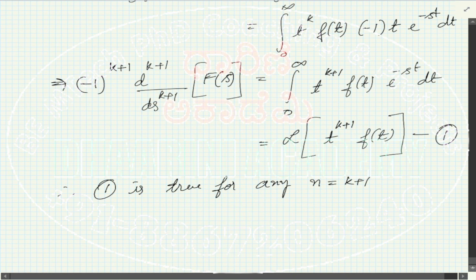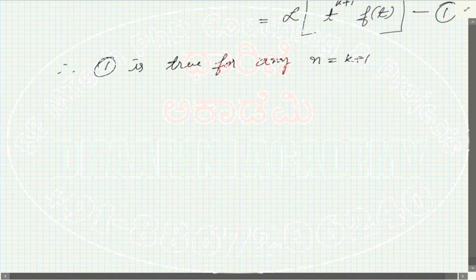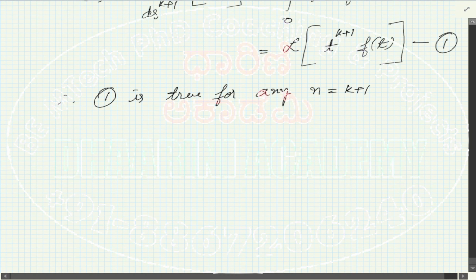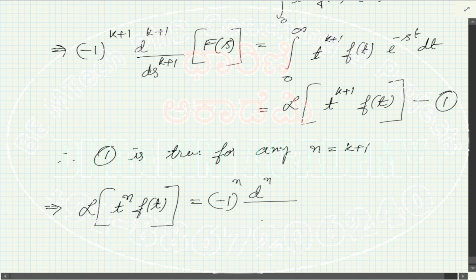Therefore I can rewrite the whole thing in terms of n itself, I don't have to retain the k. So now just see this, this implies Laplace transform of t to the n into f of t should be equal to minus 1 to the power n, d to the n by ds to the n of the F of s. This is the proof.